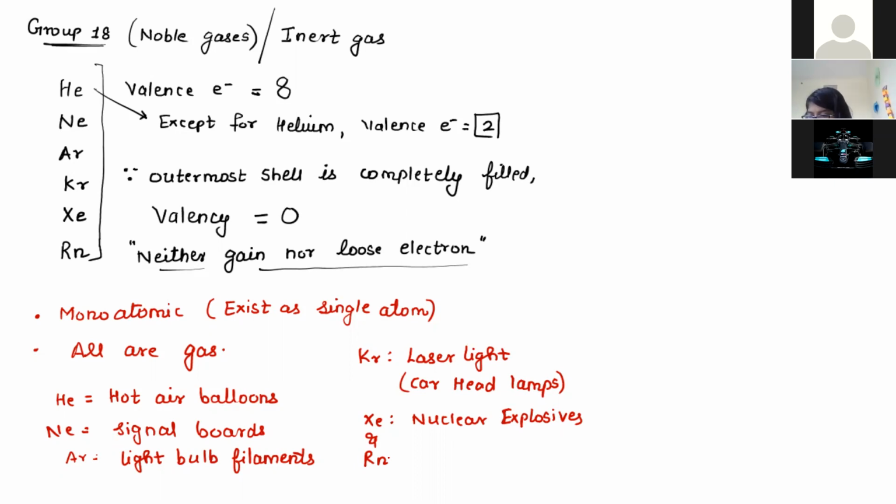With this, we have completed 4 groups which you should know: group 1, group 2, group 17, and group 18. Now we will study the characteristics of the transition elements, that is group B elements.